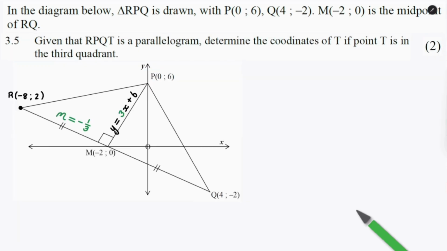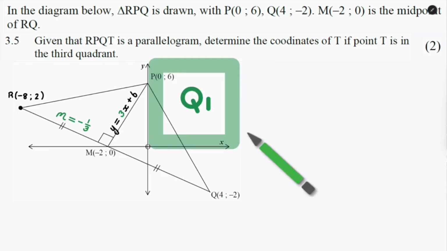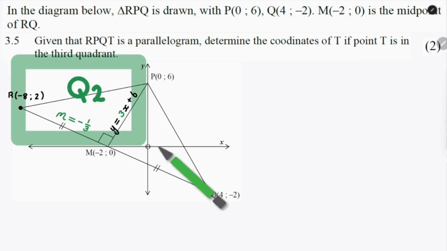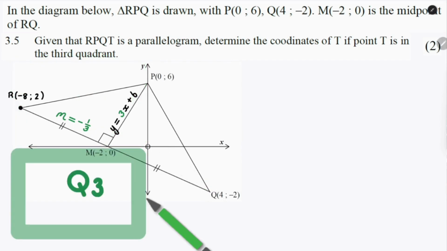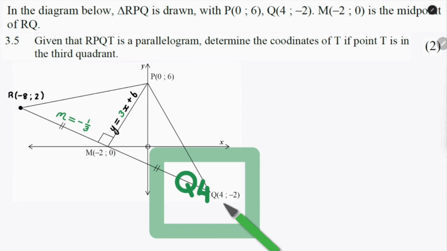In question 3.5, we've been told that RPQT is a parallelogram, and the coordinates of T are somewhere in the third quadrant. So let's just go through which quadrants are which quickly. So this over here is quadrant 1, and in the top left corner is quadrant 2, and the bottom left hand corner is quadrant 3, and lastly in the bottom right hand corner we have quadrant 4.